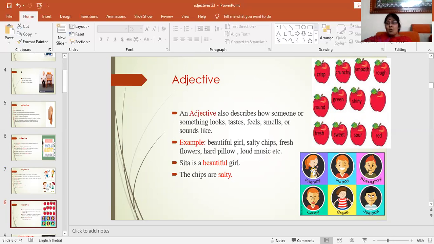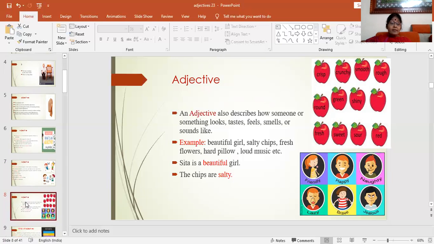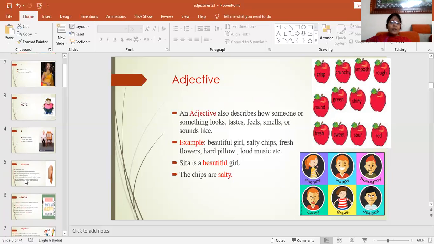The chips are salty, they are crunchy, what I would say is stale, or they are very fresh. So I can describe the chips in so many ways, right? So what we understand is that adjectives also describe how someone or something looks, tastes, feels, smells, or sounds like, right?